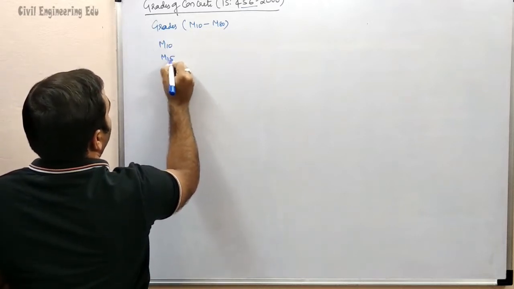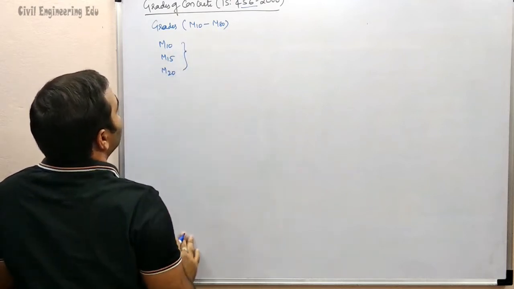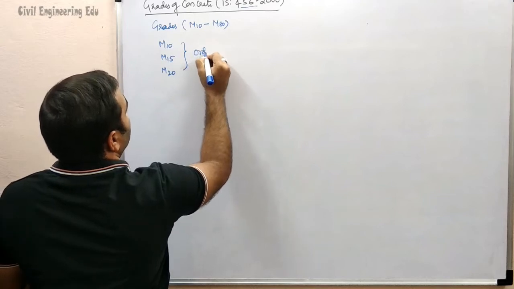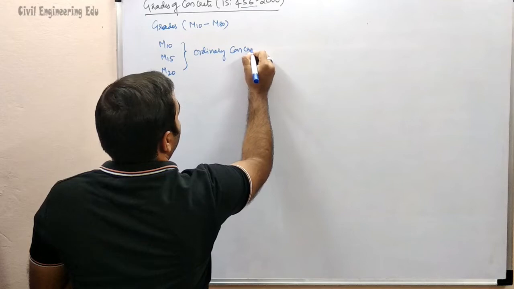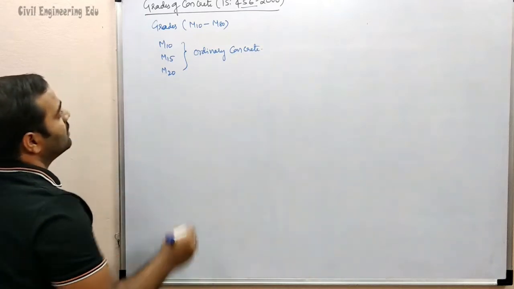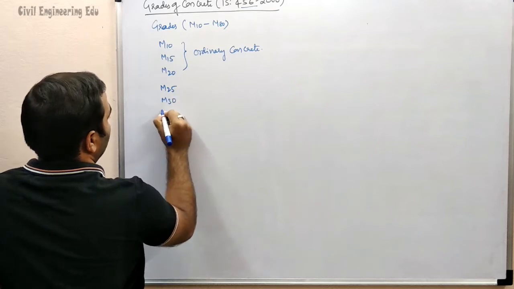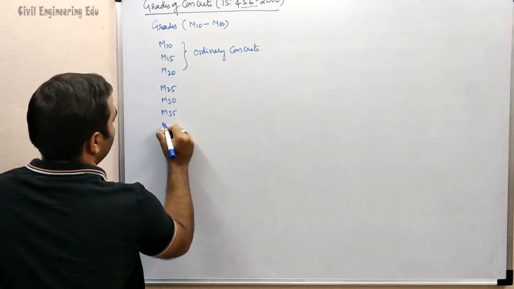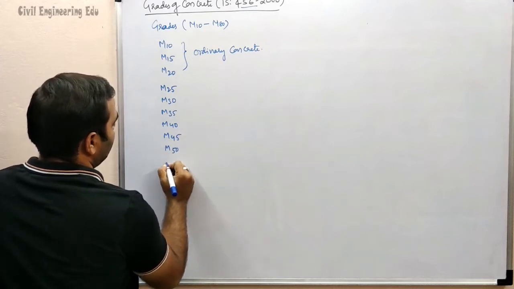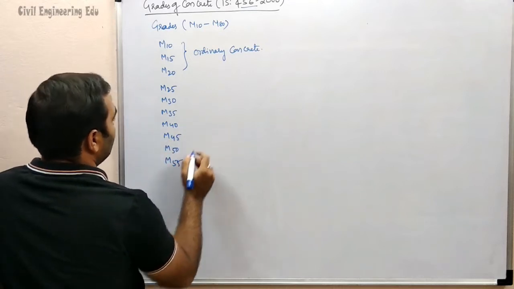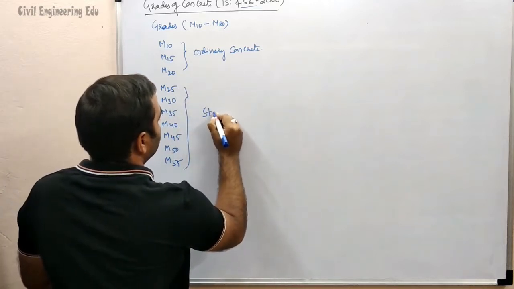M10, M15, M20. So these are called ordinary concrete grades. Now from M25, M30, M35, M40, M45, M50, M55. These grades are called standard concrete.